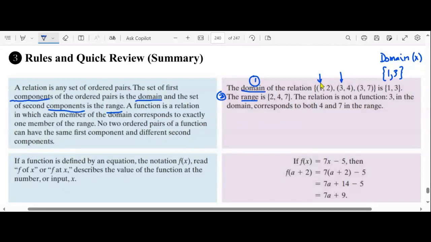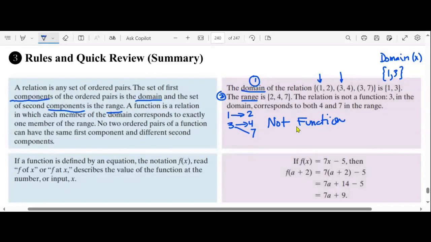So you have to make sure that you are getting only one value or one component for x. So for example, here I have 1 and it give you what? 2, correct? 3 give you what? 4. Now 3 again, it gives what? 7. So this is not a function.